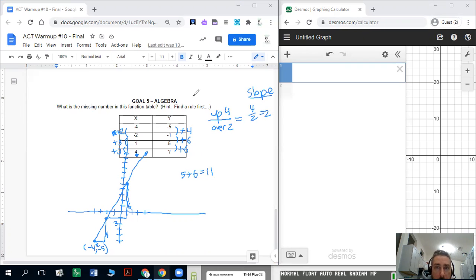It doesn't give you a y-intercept, but that's okay because we can say y equals mx plus b. And if your slope is 2, and if we have a value of x we can plug in, for example, I could plug in 4. Y equals 2 times 4 plus b.